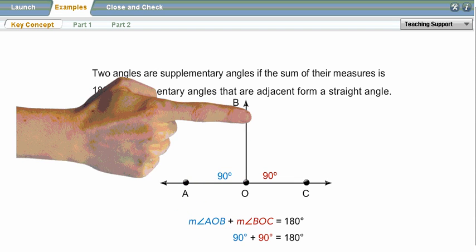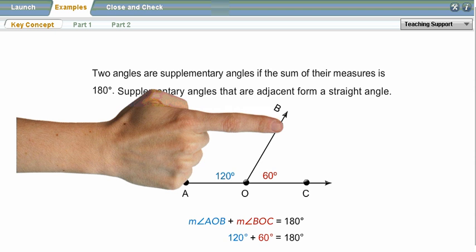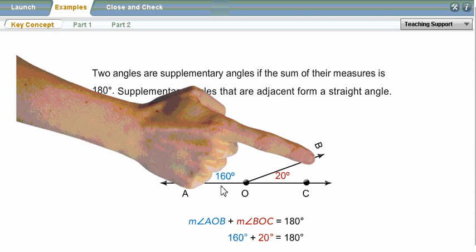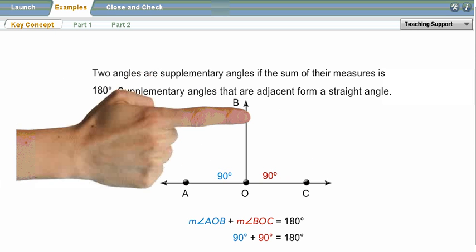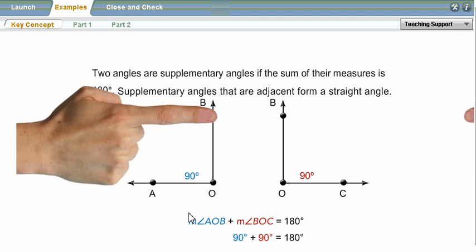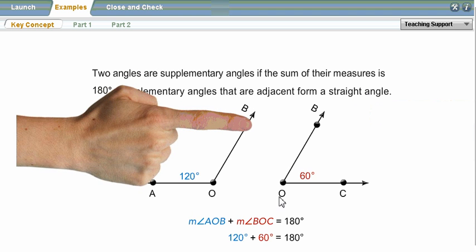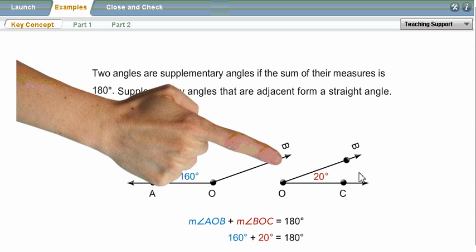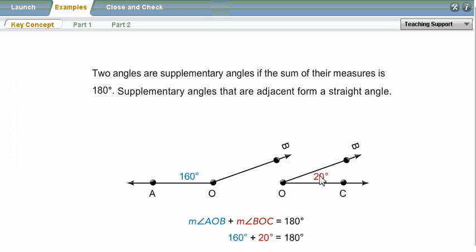If we move this around, we can see that since they're supplementary, they can change, but they always add up to 180 degrees. Now, if these two angles aren't adjacent but we're told they're supplementary, they still add up to 180 degrees.